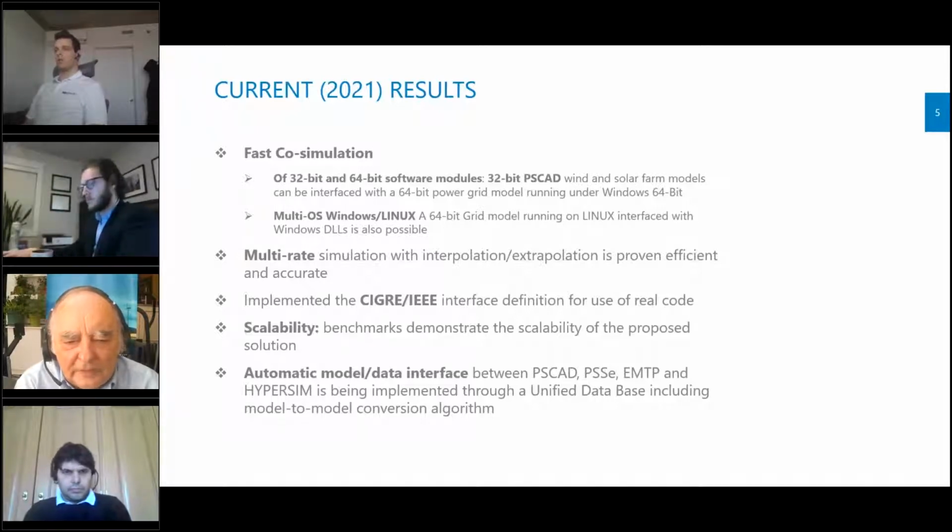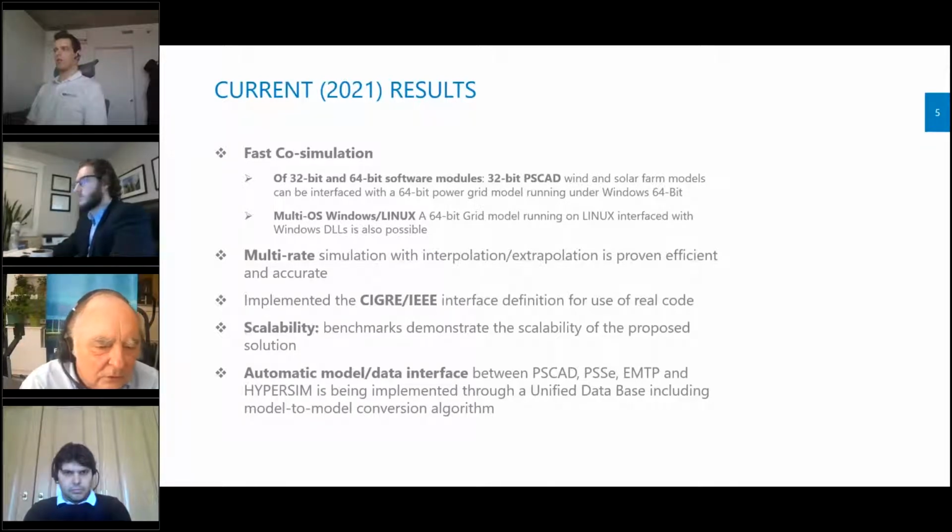We need to interface that with either a Linux or Windows simulator with 64-bit. So this has to be interfaced together, and sometimes we need to interface a Windows DLL with Linux. So we need fast co-simulation that will enable us to interface several types of simulation technology.